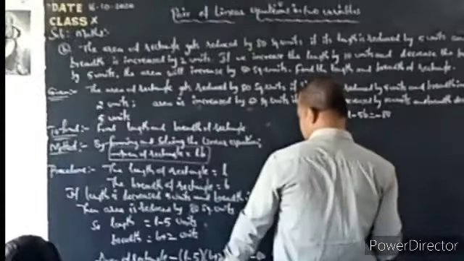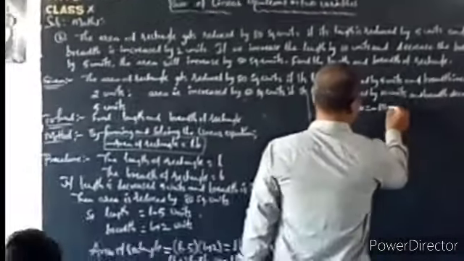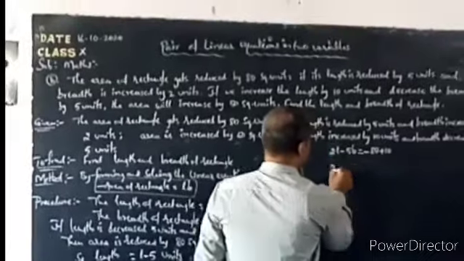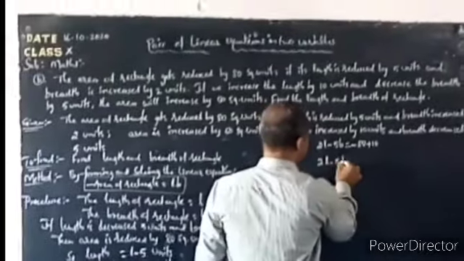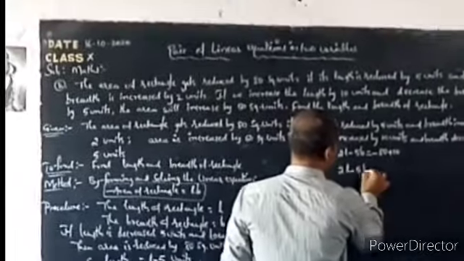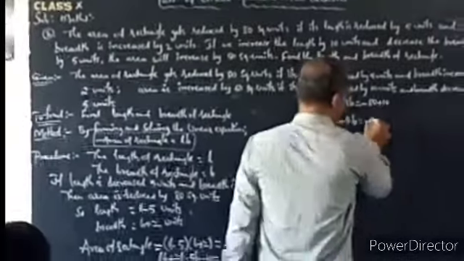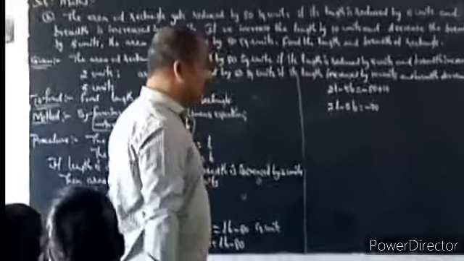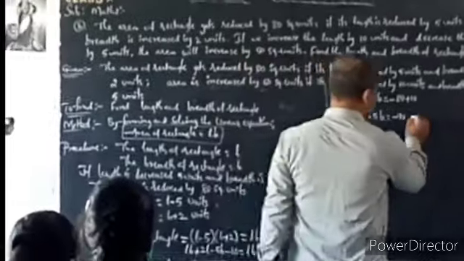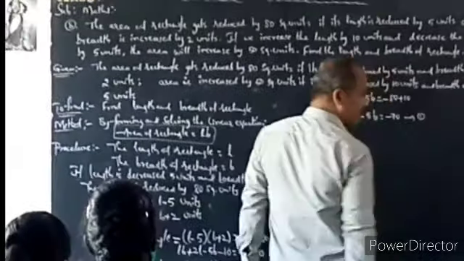This minus 10 is transposed, it becomes plus 10. Now it becomes 2L minus 5B equals minus 70. This is equation number 1.